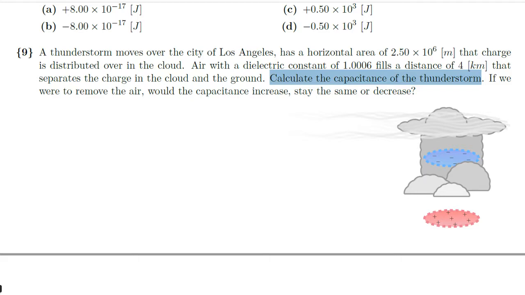So for this one, because you are taking into consideration the exact dimensions of the thunderstorm, such as the area that the charge is spread over and the distance that separates the two regions of charge, and you're talking about capacitance, there is an equation that should automatically come to your mind immediately to find the capacitance, especially since you know nothing about the charge or the voltage involved here.